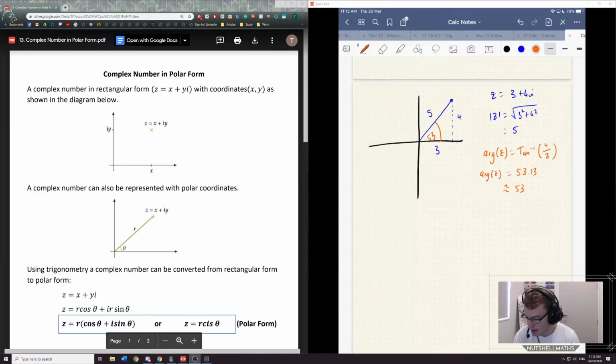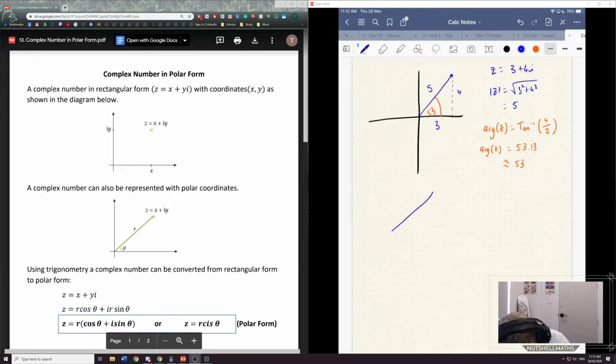Now I want us to think about something. Let's pull out this triangle for a second. This is really important, we focus here. Imagine a scenario where all I've done is given you this information.